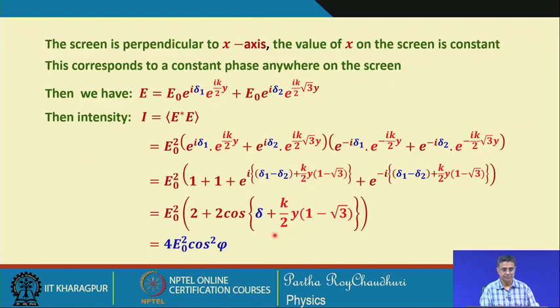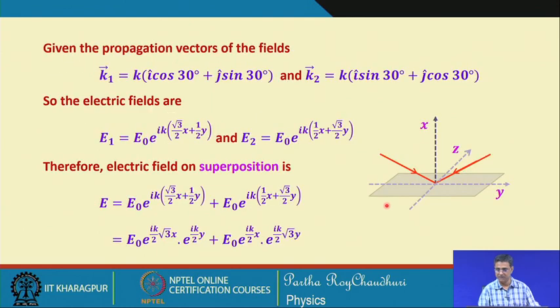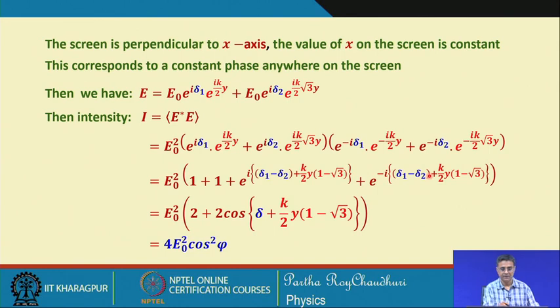Then consider that the screen is perpendicular to the x axis. As I have mentioned, the screen is perpendicular to the x axis, and therefore, because this is the x y plane, the value of x on the screen is constant.